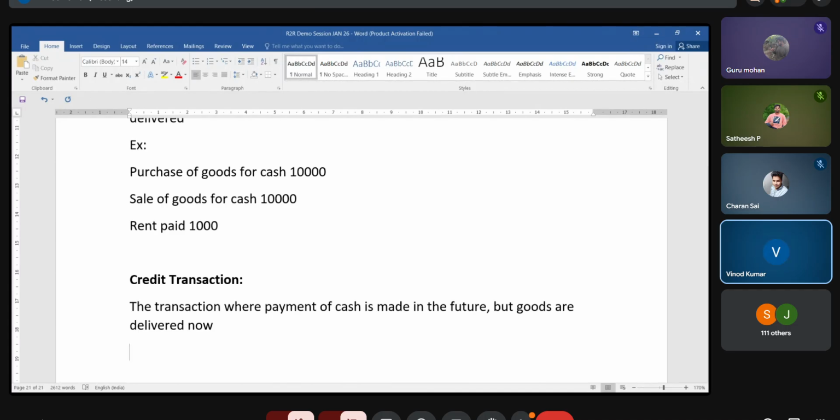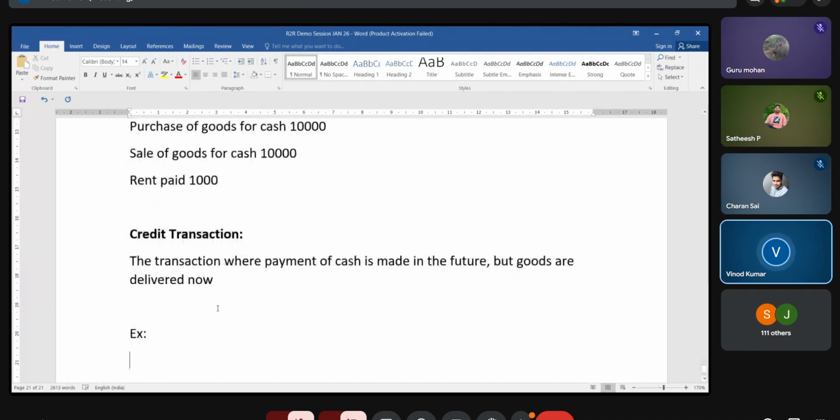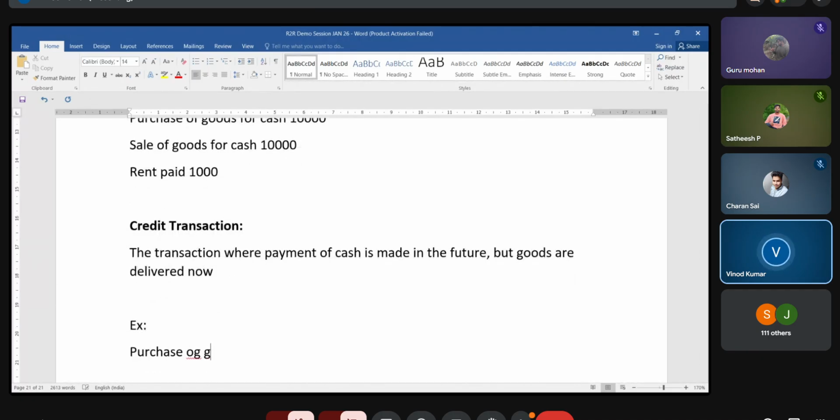So you have a good relationship with the vendor or that particular shopkeeper. What you will tell is, sir, I will pay you later, kindly deliver the goods. So the goods are delivered, you're not paying the money. Those transactions are called credit transactions. So example, purchase of goods on credit from XYZ Limited.